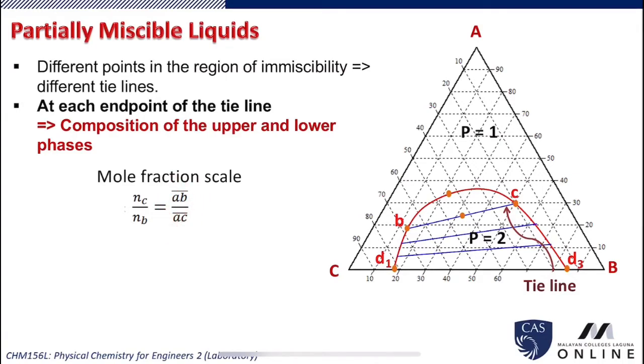We're going to make use of a ruler to determine that one. We're going to discuss that later on. And then you have the mass fraction scale. So instead of having moles here, what we need are just the masses. That's why it's in the mass fraction scale.